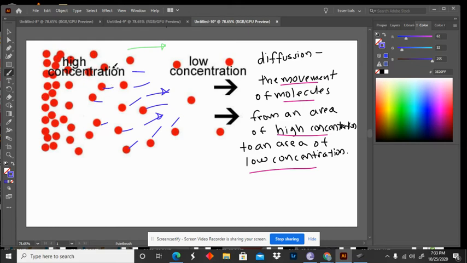If you remember from previous science classes, you learned that molecules are constantly in motion. They're vibrating, they're bouncing up and down, they're bouncing off each other. That's just a reality. So eventually these molecules move into areas where they're not highly present.